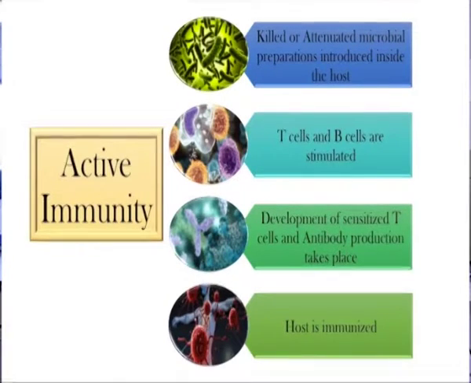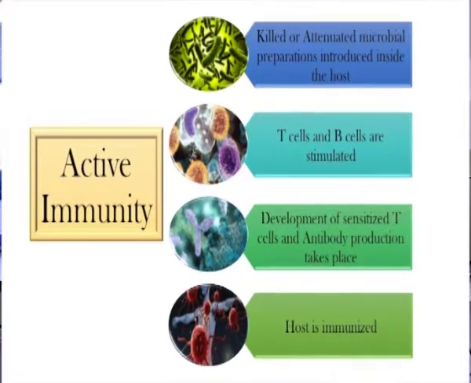Vaccines are killed or attenuated preparations of microorganisms used to generate immune response in an individual. The host is experiencing antigen and building up immune response in the form of antibodies or sensitized T cells. It is known as artificially acquired active immunity.